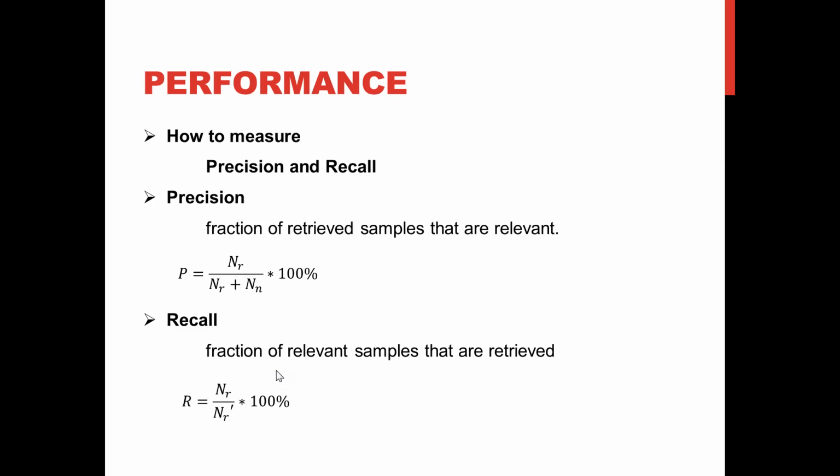You can think that if you go to Google and type something you want to search, and Google gives you 10 results, for example, and 5 of them are relevant, then the precision in this case is 50%. Suppose there are 20 relevant samples in total in the Google database, and in the first 10 results, 5 are relevant, so the recall in this case is 25%.